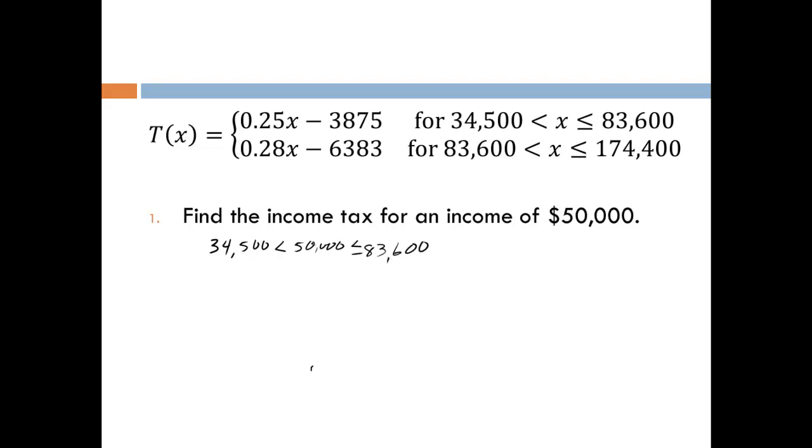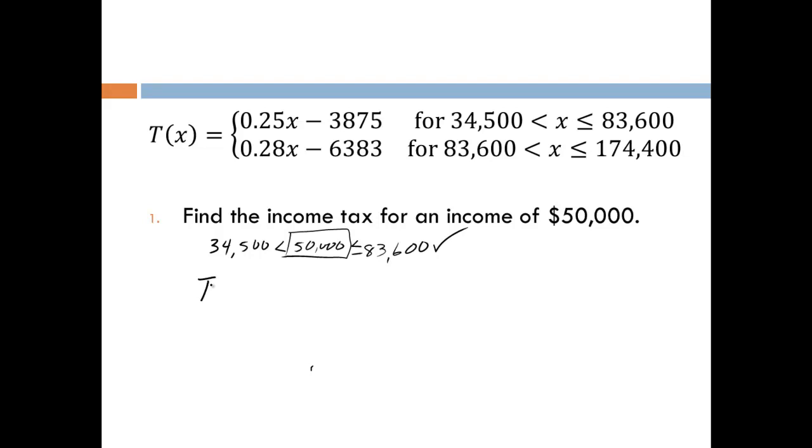So this 50,000 fits within the first inequalities, so that's the piece of the function we use. And 50,000 is not between 83,600 and 174,400, so it has to be the first piece.